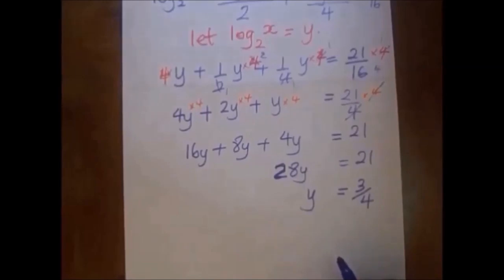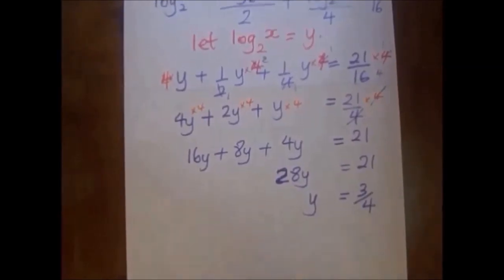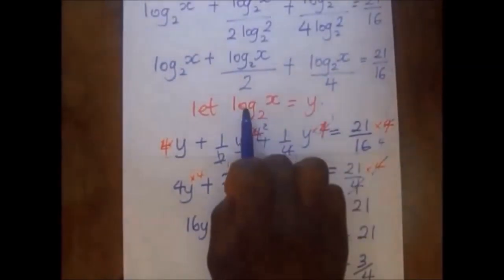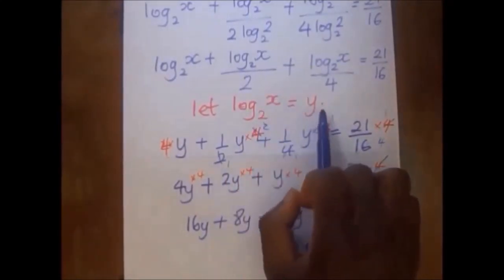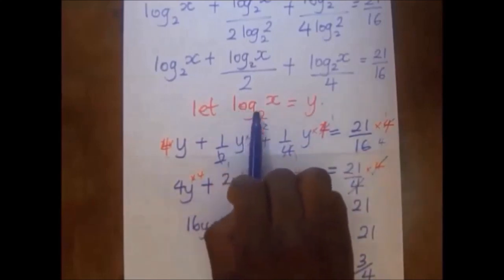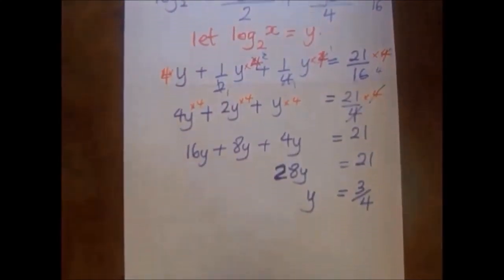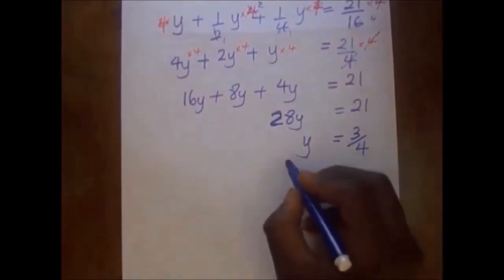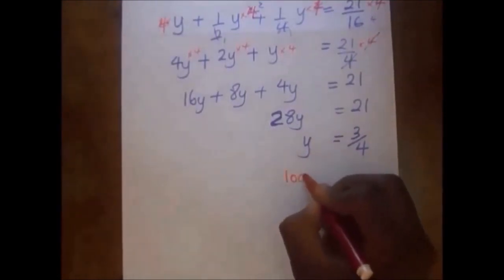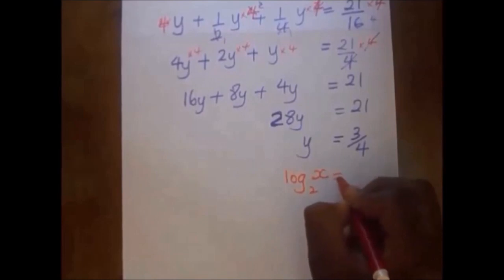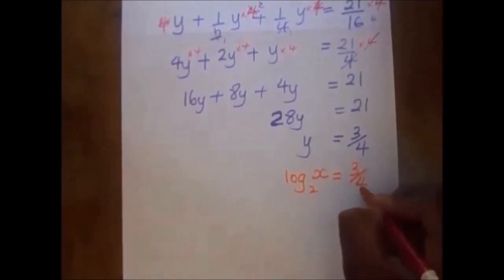But we are not interested in the value of y, because y is log of x base 2. We are interested in the value of x. So where there is y, we substitute it with that logarithmic expression. So we shall say that the log of x base 2 is going to be equal to 3 over 4.